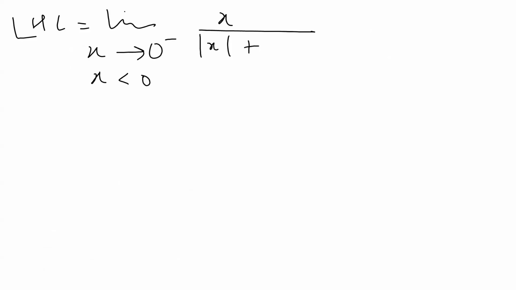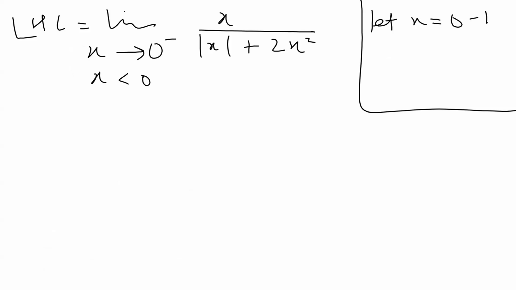Okay. So LHL: limit x approaching 0 minus, where x is less than 0. x upon modulus of x plus 2x square. Let x is equal to 0 minus h.